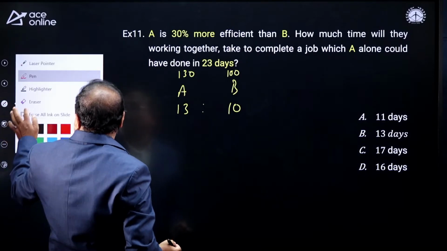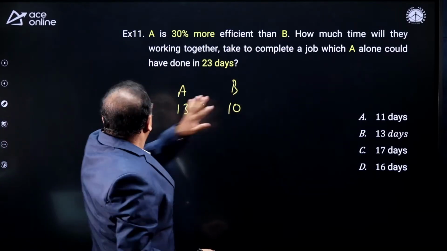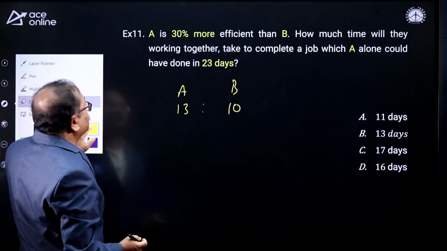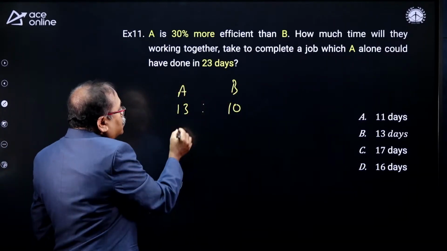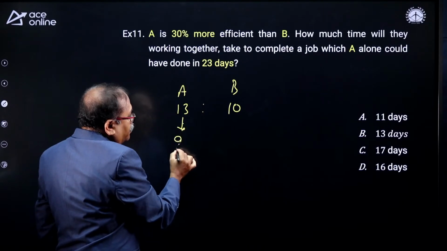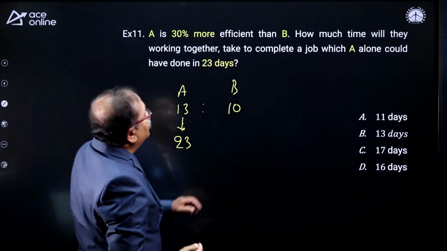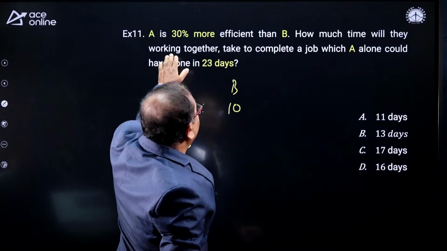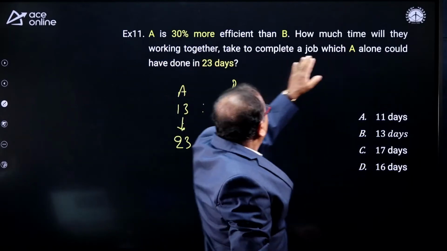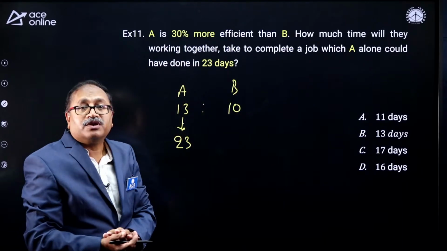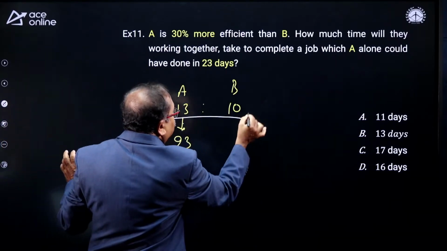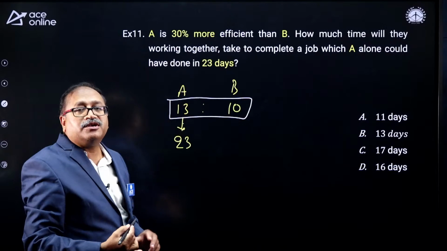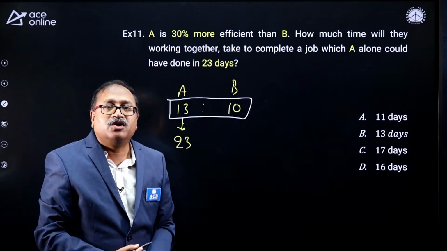Okay. And coming to the next part, A can complete the work in 23 days. So it is said that A can complete the work in 23 days. Then the question is, together, how much time will they take to complete the work? When the efficiency is 13 plus 10, that is 23, then what's the number of days?